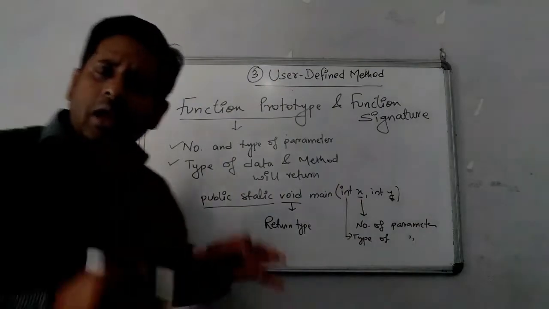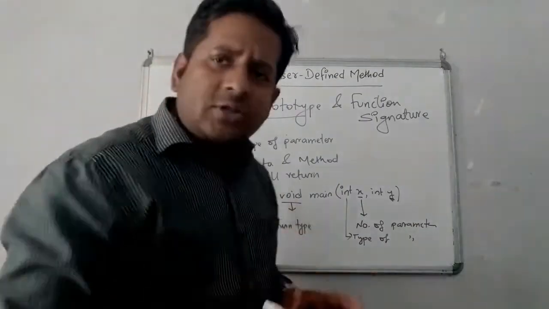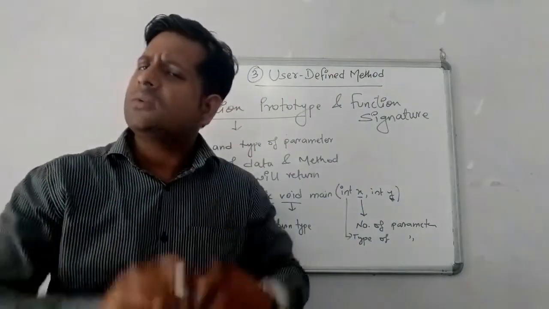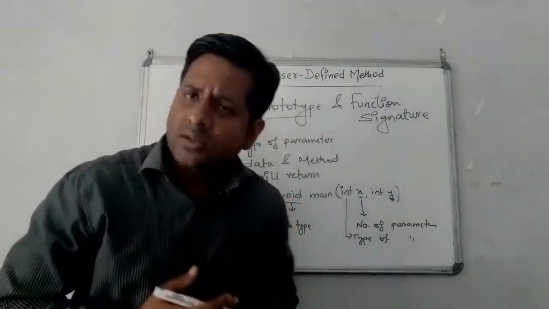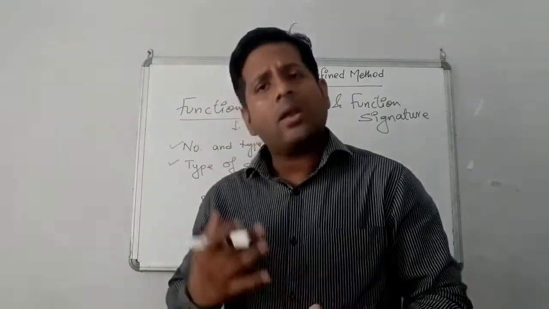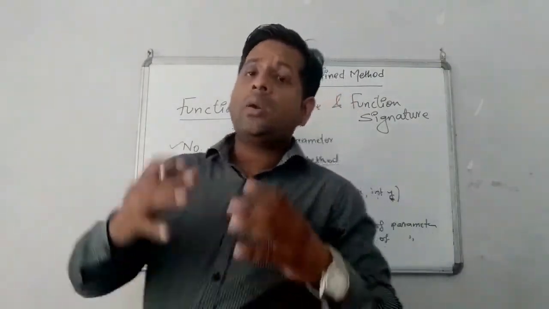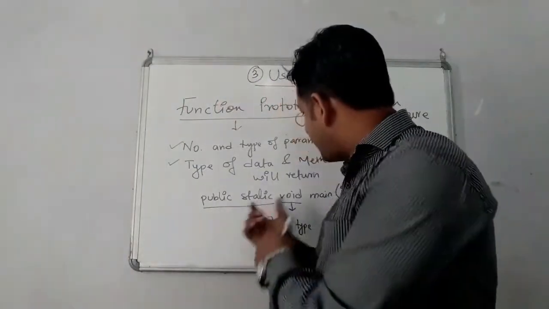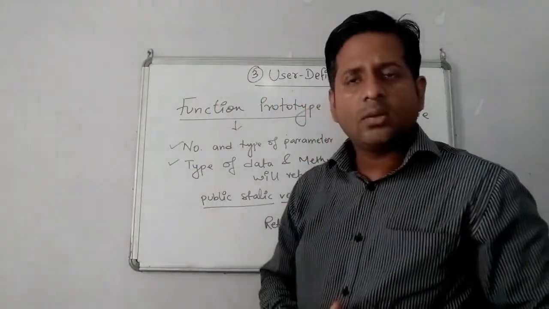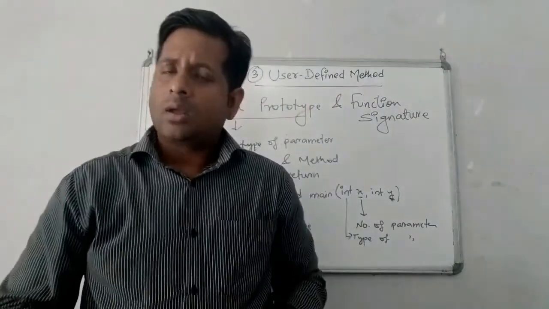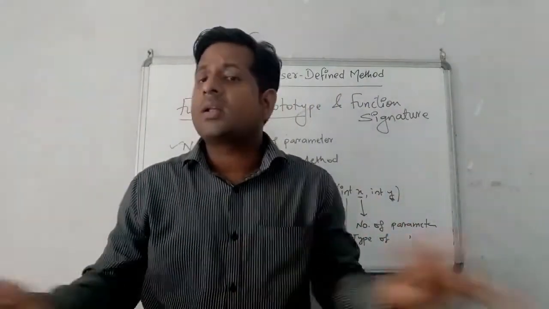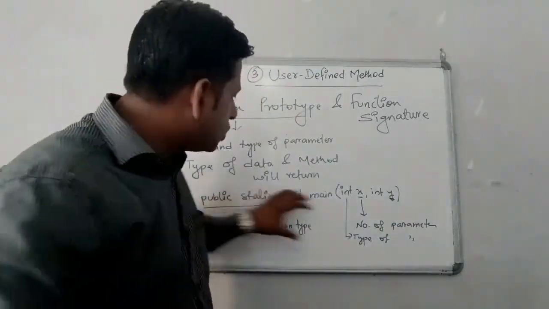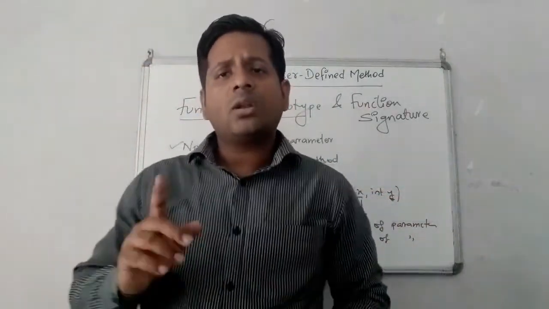So see children, every piece of information we get: the function name, the type and number of parameters, and what type of return value there will be. Like suppose if I write int in place of void, then the return type is integer. In void, the return type is nothing, not even null, because void doesn't have any return type. So this total information we get from the function prototype.